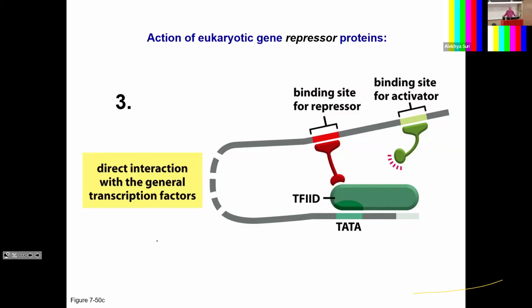This is one large complex that binds close to where the RNA polymerase will start. So this repressor protein will inhibit this interaction of the activator with the general transcription factor.